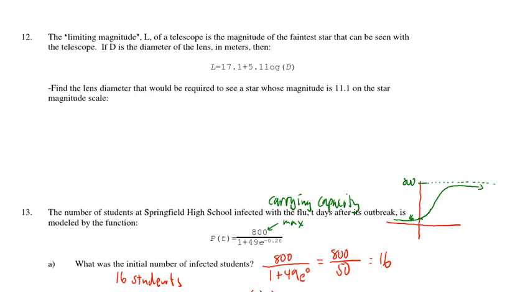Obviously a bigger telescope lens will allow you to see stars that are further and further away. So you should be able to see a fainter star with a bigger telescope lens.